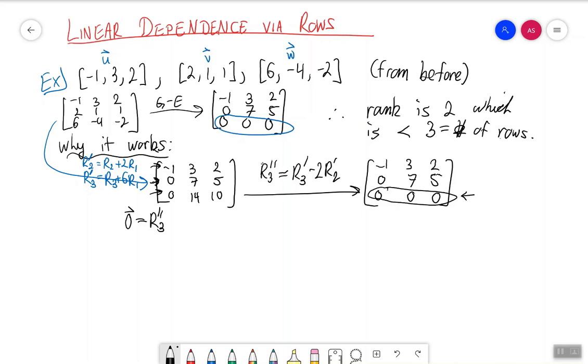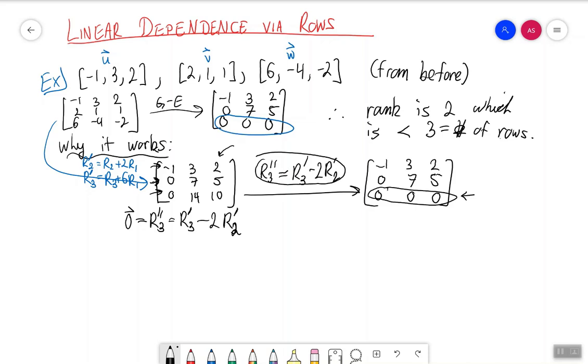And from this row operation right here, I know how row 3 double prime is related to the rows of this matrix. It is equal to row 3 of the second matrix minus 2 times row 2 of the second matrix.